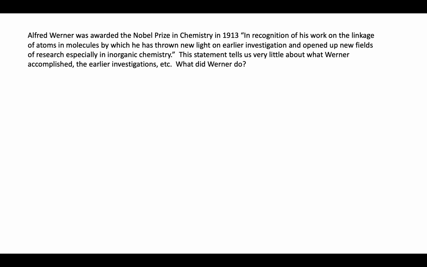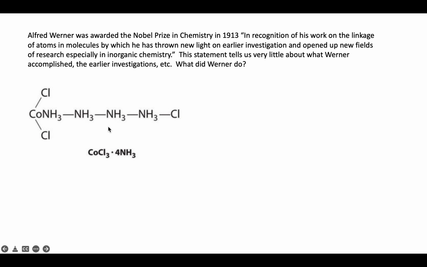Looking at Alfred Werner's work, if you recall, he was addressing this type of question where this would have been the notation that is given for this cobalt complex, where the thought was that cobalt, if it was plus 3, due to its valence, could have 3 different bonds that would form.